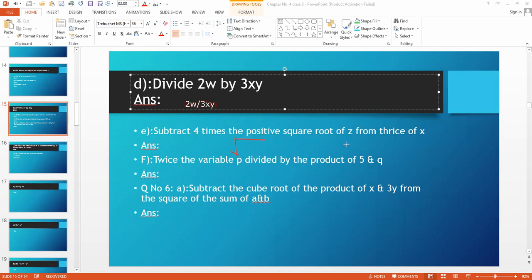Positive square root of z. Here I have to write z. And 4 times means here I have to write 4.